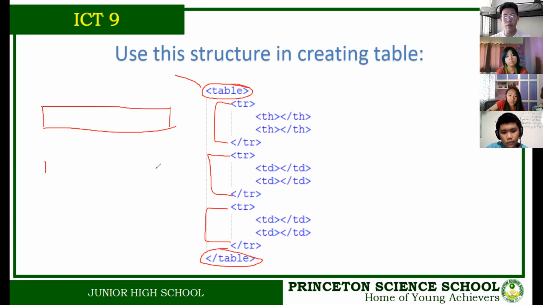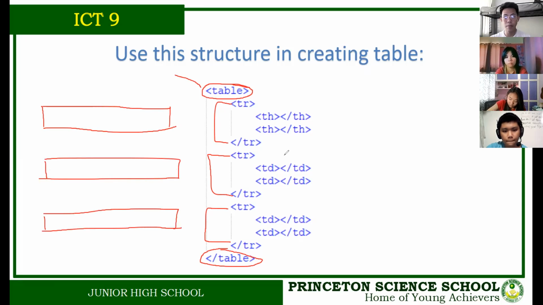Every time this is made, one whole table row is generated. And then inside, at the very first table row, it is using the TH tag for its contents. Why? Because the very top part of our table is the common place for our table headers.